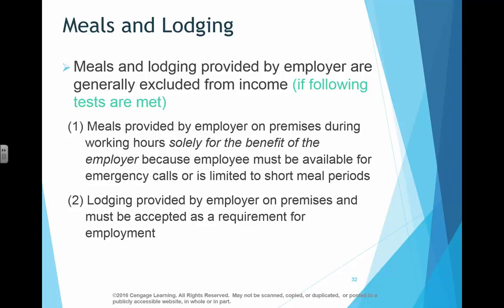Meals and lodging. I'm a firefighter, and my employer pays for my lodging and for my meals. It is excluded from income, the value of that, right? So maybe that's not a great example. Let's say that I'm a ranch hand in some really remote area up on the High Line, and there's no way I can get to and from work every day from the nearest town because the nearest town's 80 miles away.